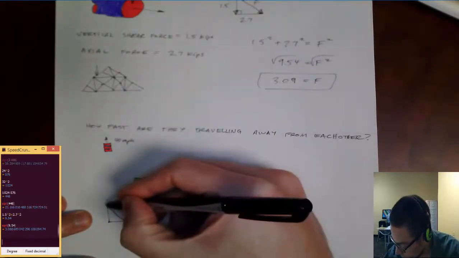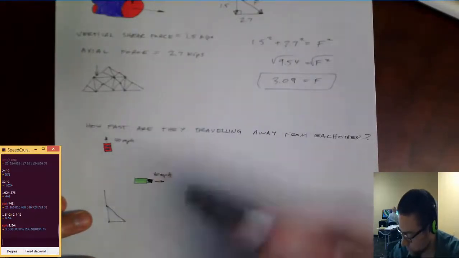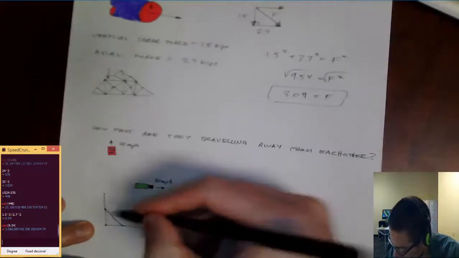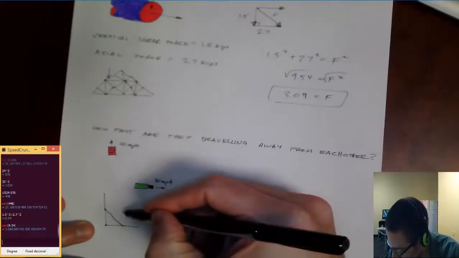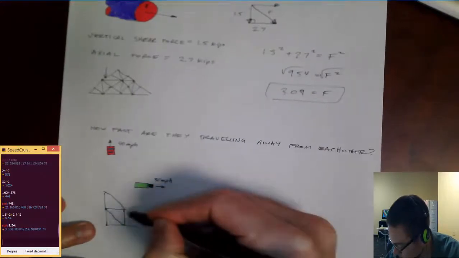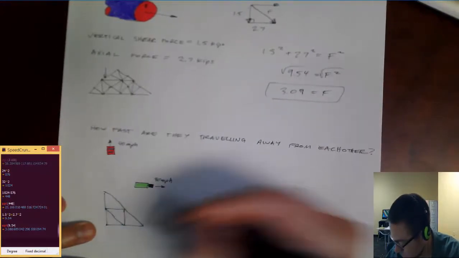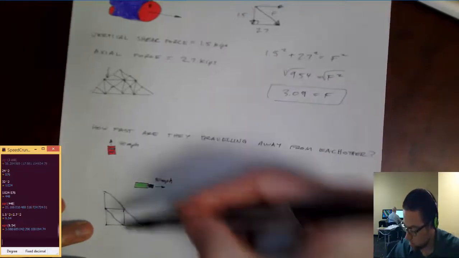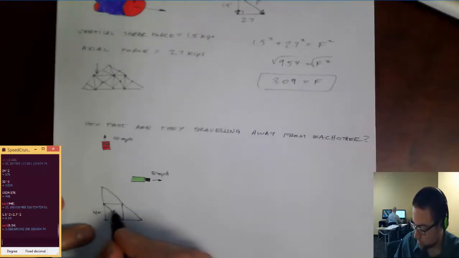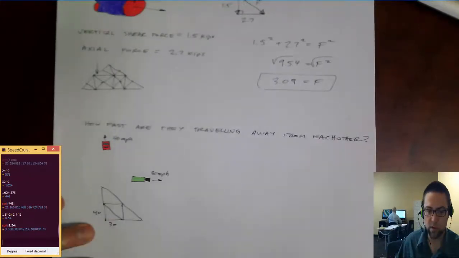And then in 2 hours, this would have gone another 40 miles, or 80. And this one would go another 30, which would be 60. And you see that you still have the same triangle. And so how far apart are they after 2 hours? So after 1 hour, they were apart some distance, right? We're going to go back to distance.